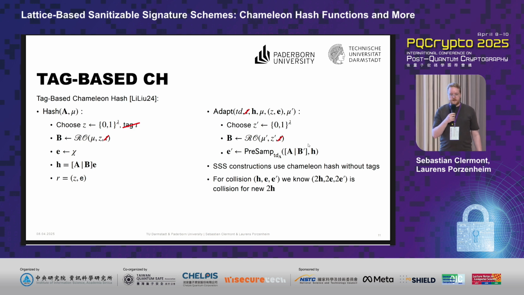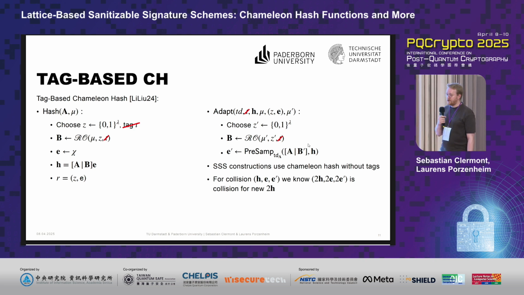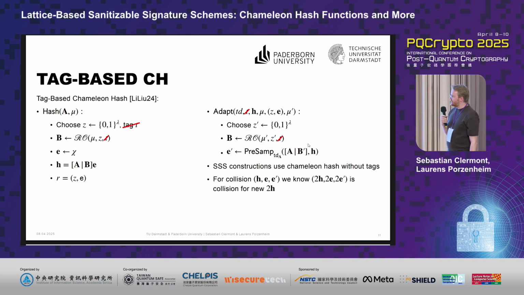But what we did basically is we looked at this construction and then modified it to get really full collision resistance. Because in essence, what we notice is that the E on the left side you see there is a bit free. You see that the E is just chosen from some short distribution, but it's not really doing anything except for being able to be pre-sampled also.